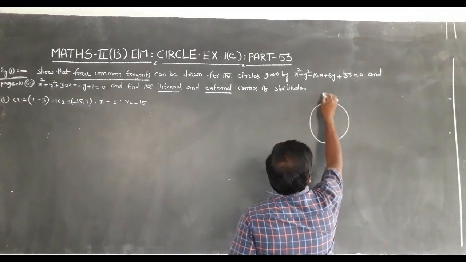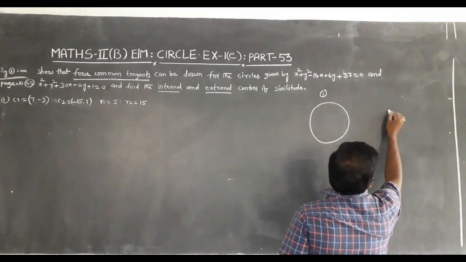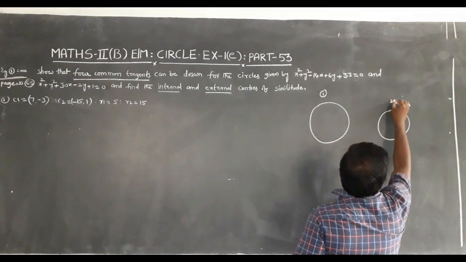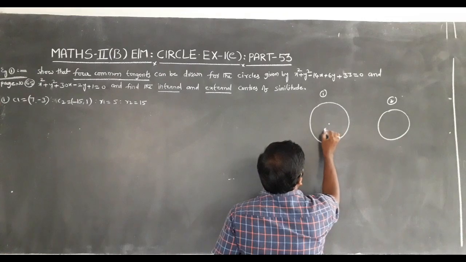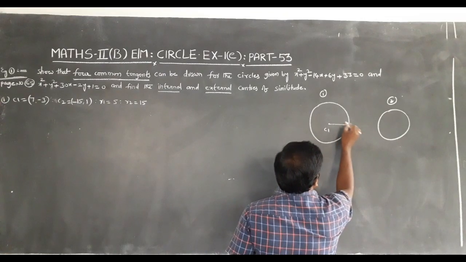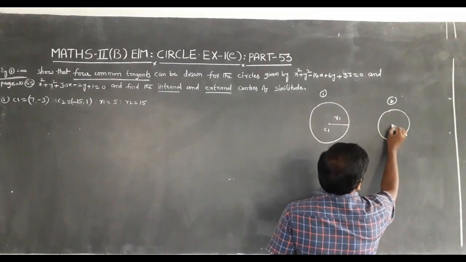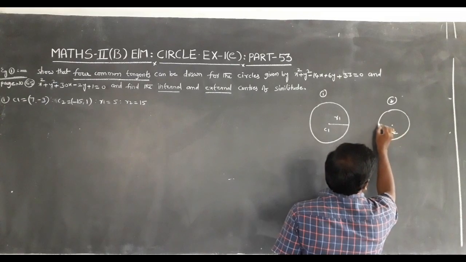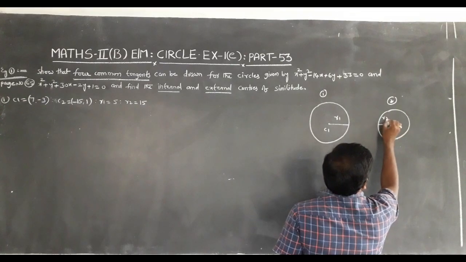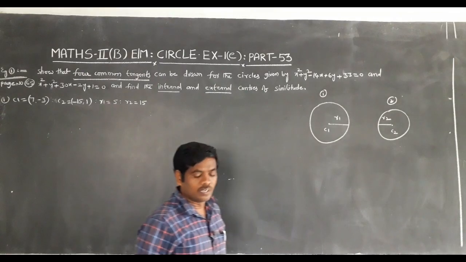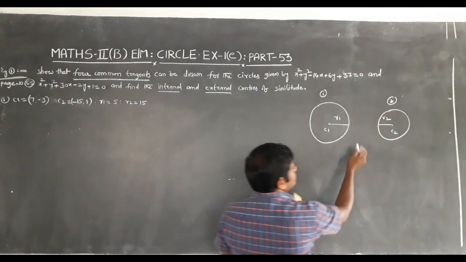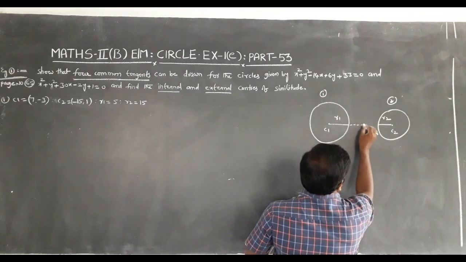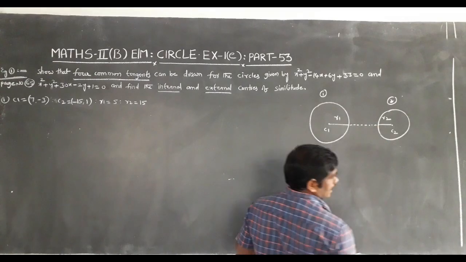This is the first circle and this is the second circle. C1 is the center and R1 is the radius of the first circle. C2 is the center and R2 is the radius of the second circle. This is the line joining C1, C2.